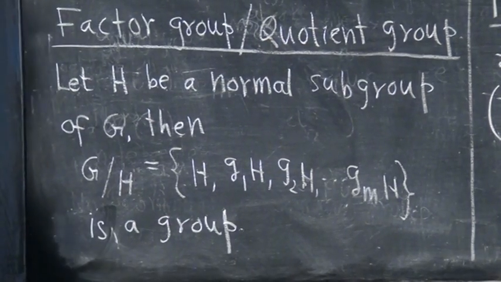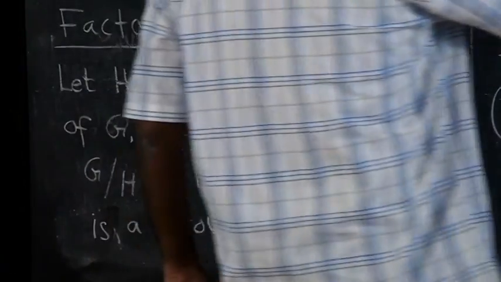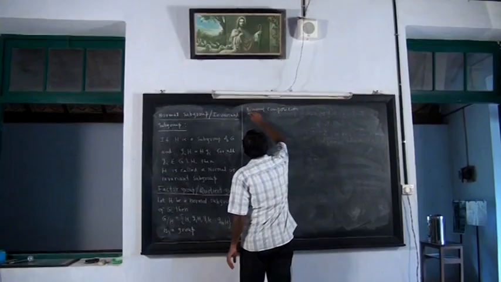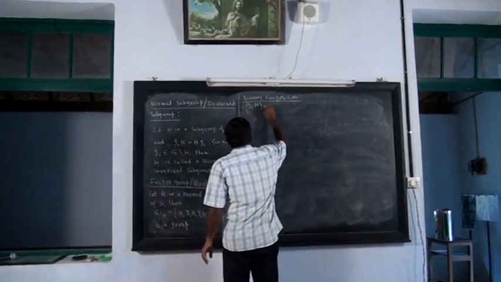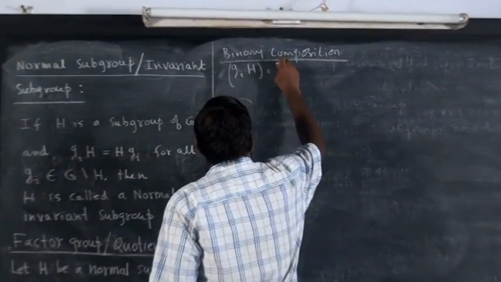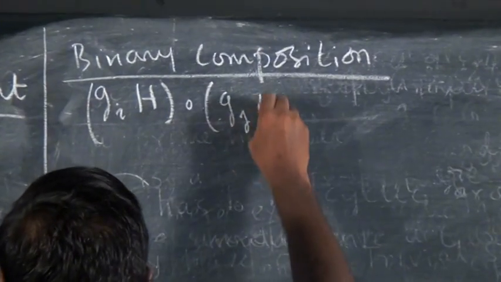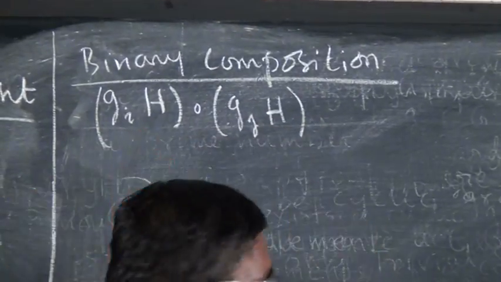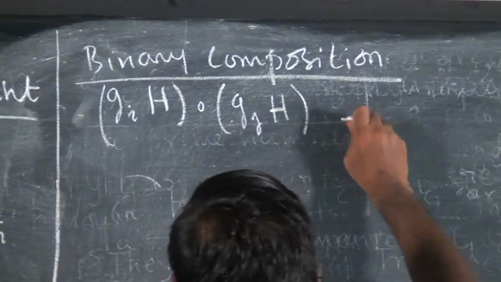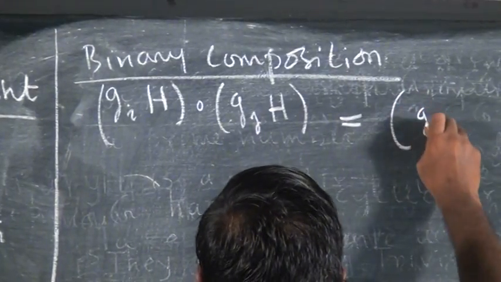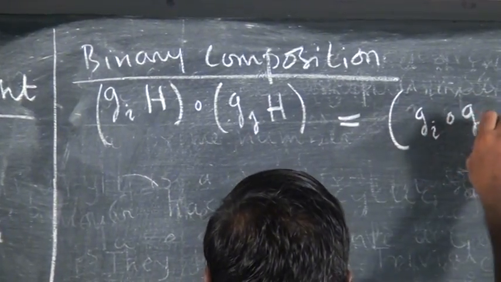What is the operation? The operation is the following. What is the binary composition? So gᵢH multiplied by gⱼH, because here two elements are two cosets, remember. This is equal to gᵢ composition gⱼ.